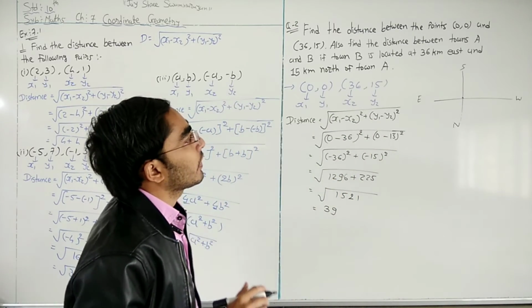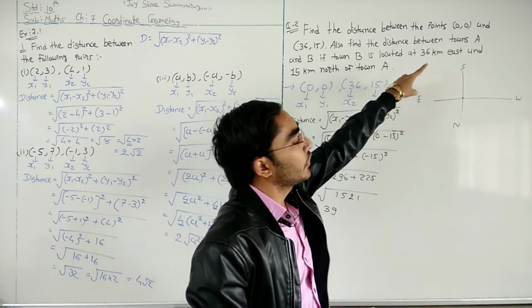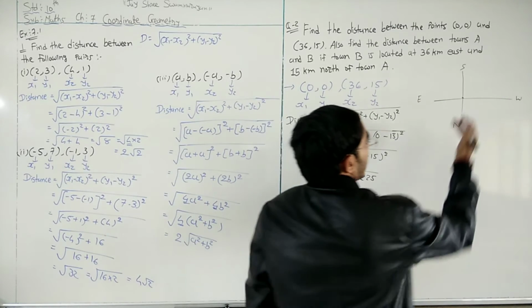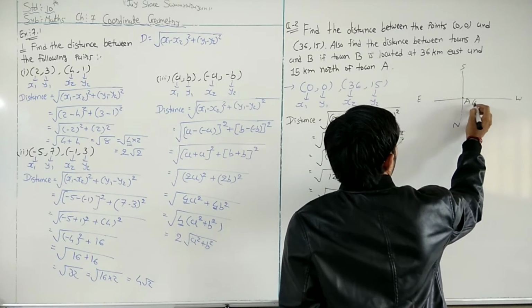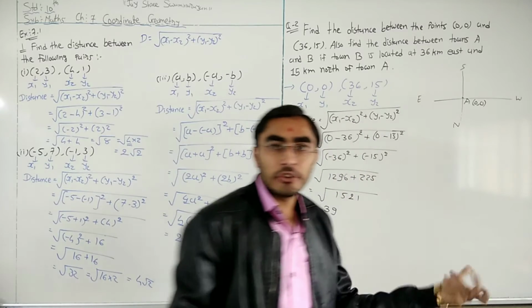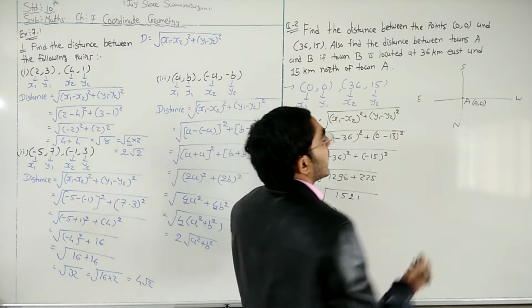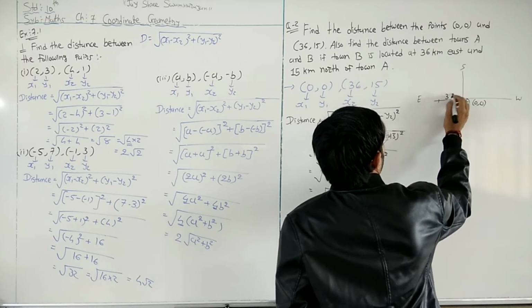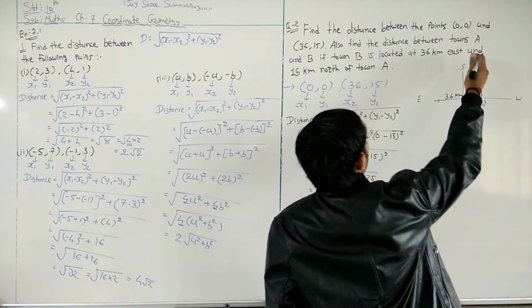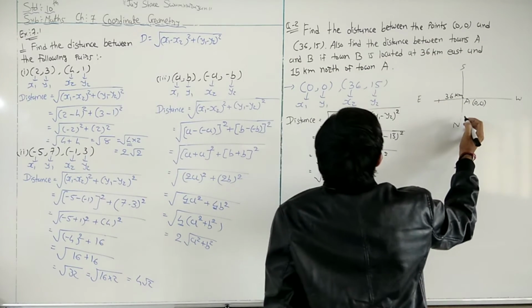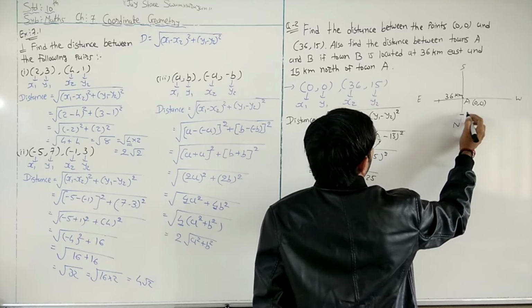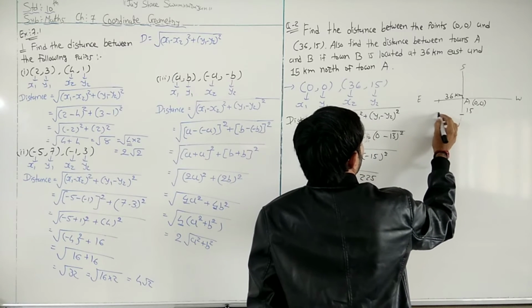Now B is located 36 kilometers east. So from A at 0, 0, we assume that A is 0, 0. So in the east direction 36 kilometers and in the north direction 15 kilometers. So alternately B is present here.